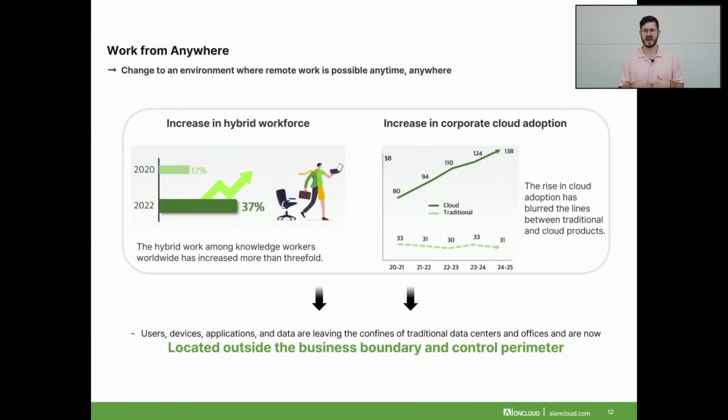Now, this increases the number of risk vectors that you have for your company, especially when those users are using unsecured devices to connect into your secure network using VPNs. They're uploading data from an unsecured device, and that data can cause issues within the secured perimeter.